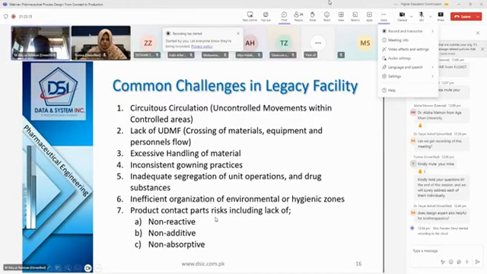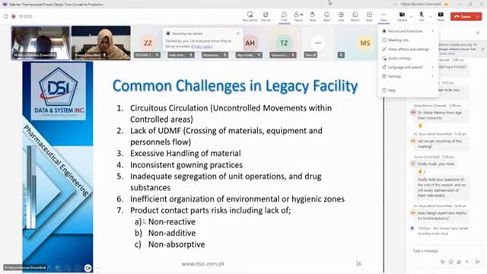Product contact part risk, including lack of non-reactive, non-additive, and non-absorptive product parts. If they are deploying old, obsolete, or outdated equipment, the outdated equipment has these three challenges. The product contact parts must be non-reactive, must be non-additive, and must be non-absorptive.